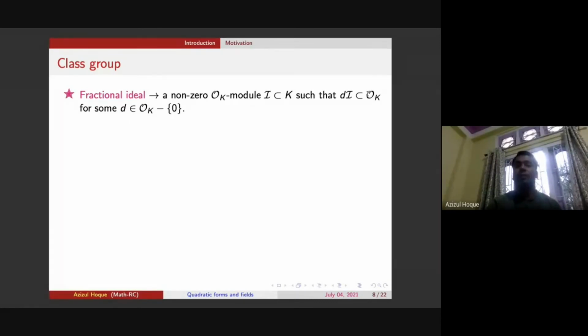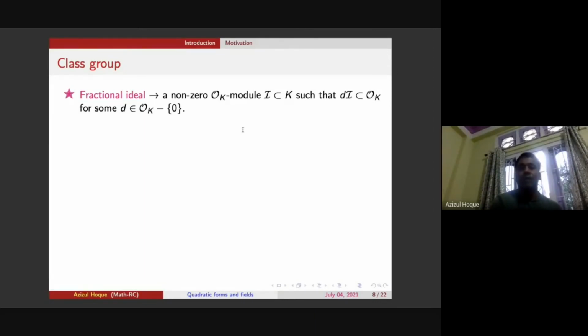For example, if I consider simply Z, the ring of rational integers, and consider all the half integers, I mean half, then 3 by 2 and so on, that is not contained inside Z, but if I multiply that by 2, then it pushes inside Z, it becomes the integers.